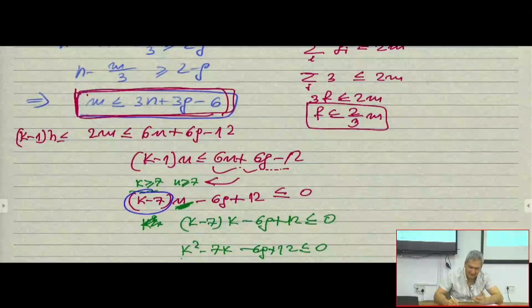I mean, here it will be negative. If you take, let's say, the plane, the chromatic number is at least 5, then 5 minus 7 will be negative. And if this is negative, you cannot replace n by k. This is the problem.